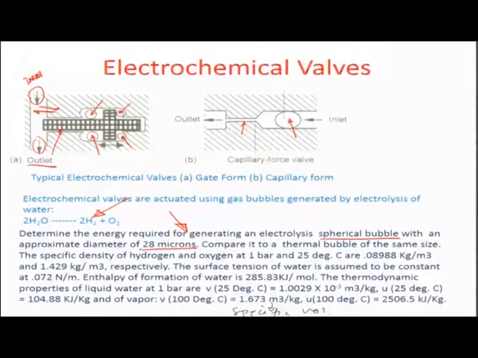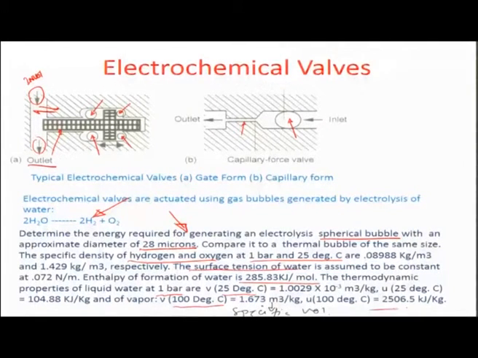When we compare it to a thermal bubble of the same size, obviously there will be differences, and that is what we have to compute, given some parameters including the specific density of hydrogen and oxygen at standard temperature and pressure (STP), the surface tension of water at room temperature, the enthalpy of formation of water at standard temperature and pressure, and some thermodynamic properties of liquid water, both at 1 bar 25 degrees Celsius as well as 1 bar 100 degrees Celsius.